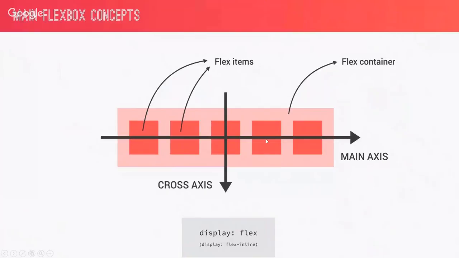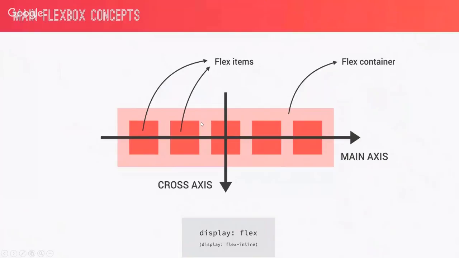So currently, along the main axis, we have the elements positioned centrally, and there is equal space between them. So they're symmetrically placed. We'll see how to do that a bit later.